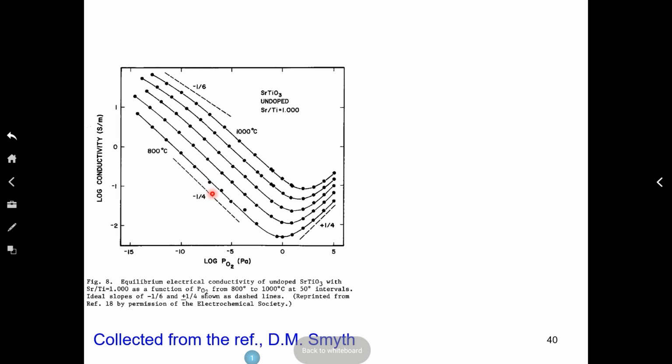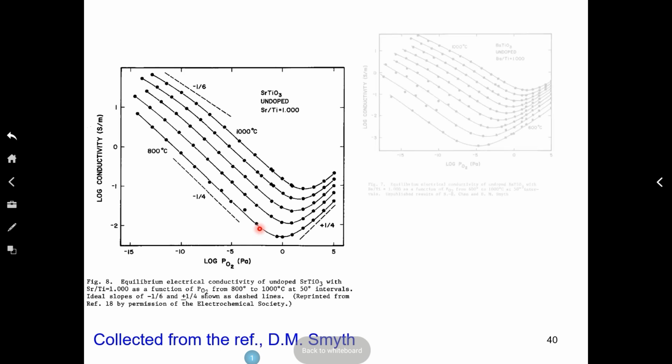If you have the possibility of creating doubly ionized vacancies, you get -1/6. -1/4 comes from singly ionized defects. So again, at low temperature and similar PO2 ranges, the defects will be created by singly ionized oxygen vacancies, because the oxygen vacancy is now sitting a little deeper in the band gap. It can only be excited singly.